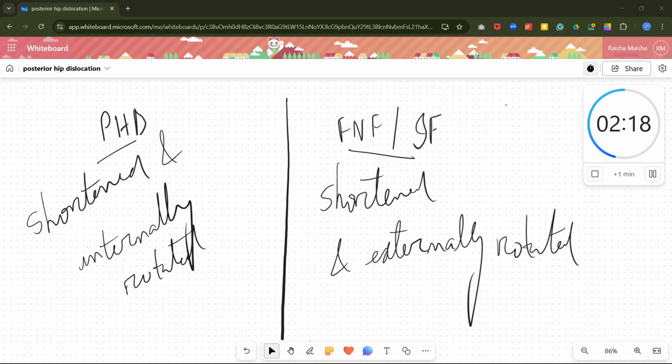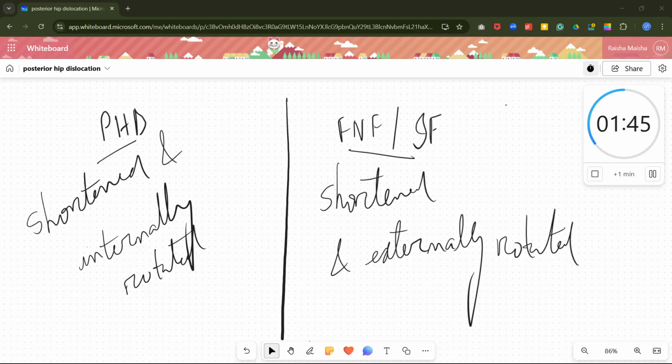In addition, the sciatic nerve runs close to the posterior aspect of the hip joint, and it branches into the common fibular or peroneal nerve and the tibial nerve. You may get problems in those distributions, like weakness of knee flexion due to the sciatic nerve.